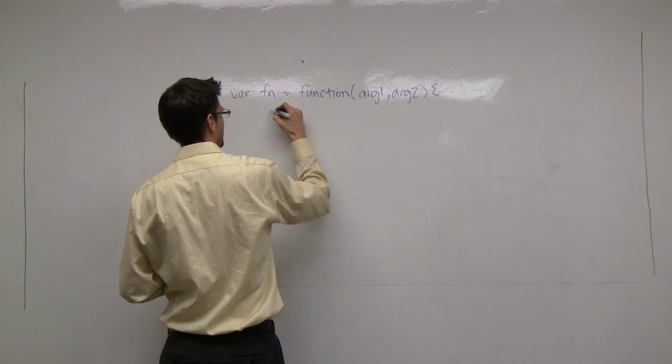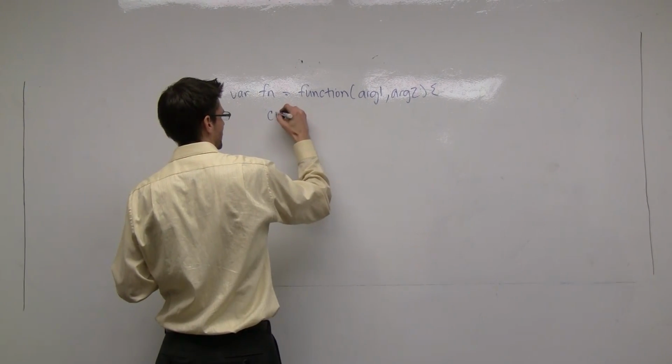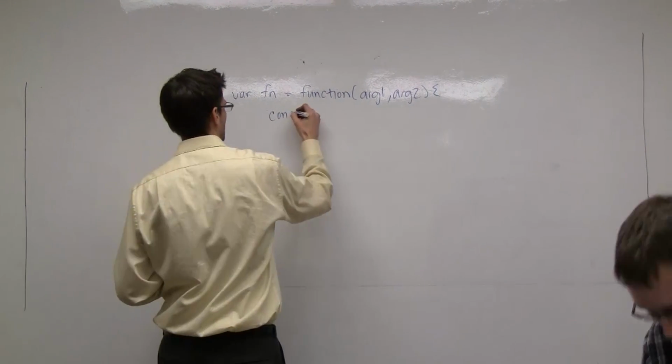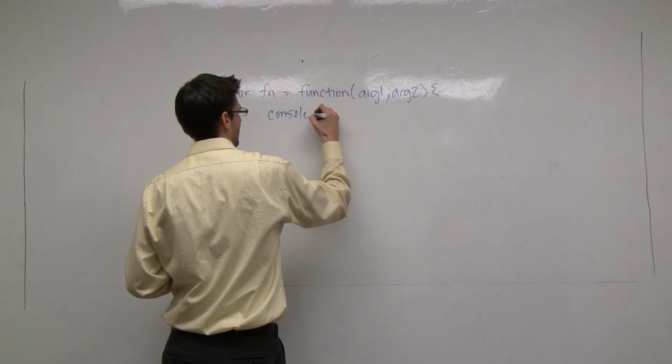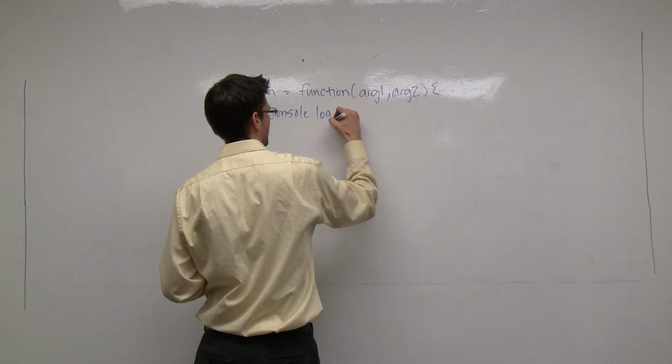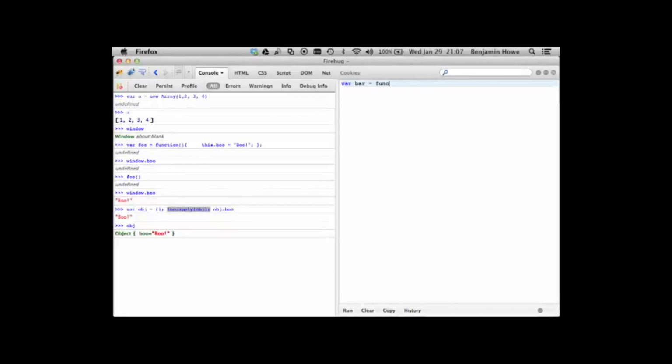If you want to know about arguments, you can just do a console log. How about you do this real quick? Do a console log on the arguments of a function.